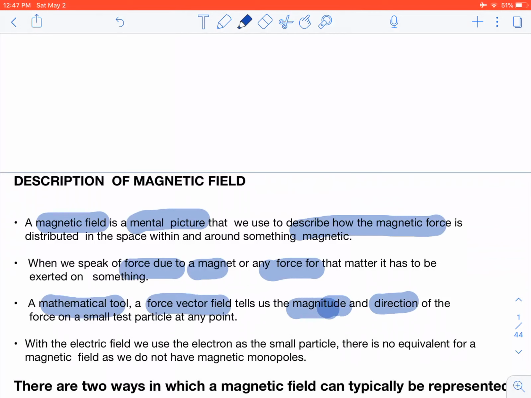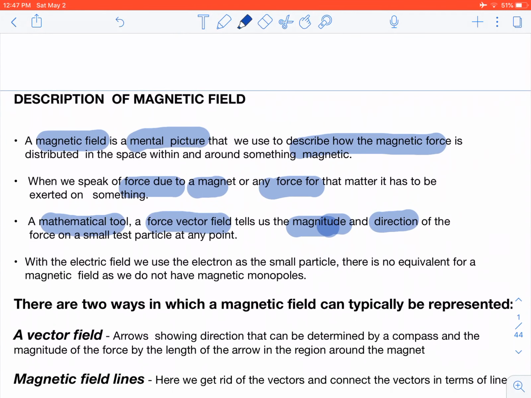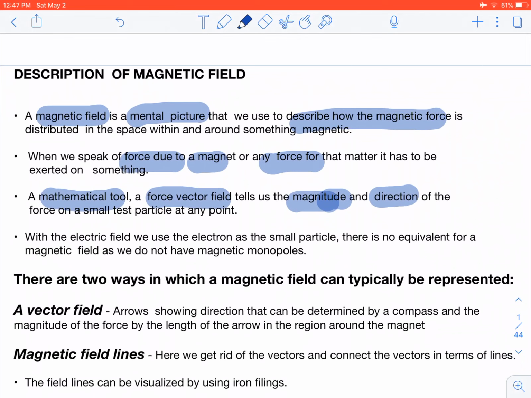So that's a vector field, and we'll talk about this as we go on, because a magnetic field is essentially a vector field. So is an electric field, it's also a vector field. So is a gravitational field, it's also a vector field, right? And what is a vector? I'll give you an indication of what a vector is as we go along.